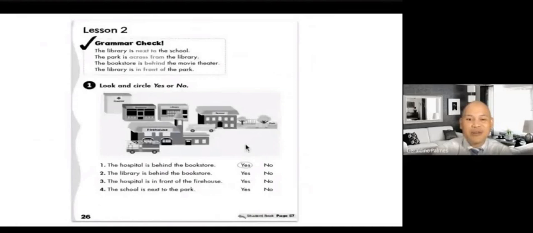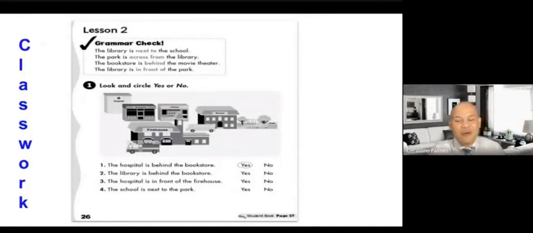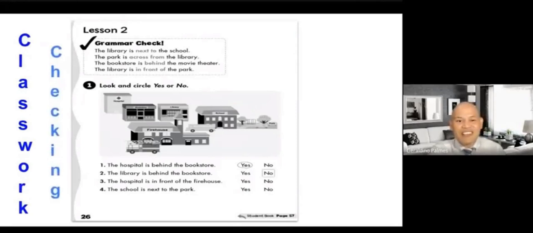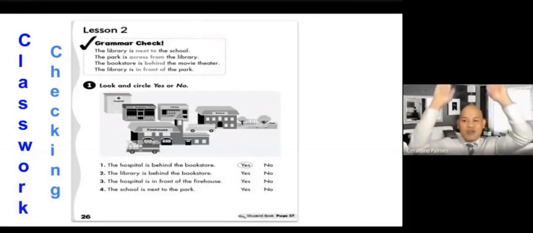Let's look at number 2. Now remember the places, right? If you can remember the places, there are 5 prepositions we use. The first one, in front of. Okay, cool. In front of. Next to. What's the next one? Across from.